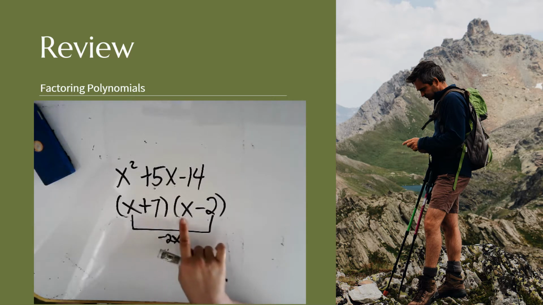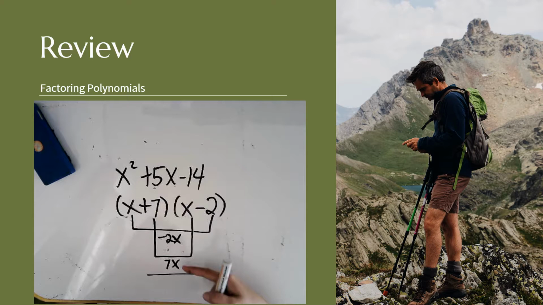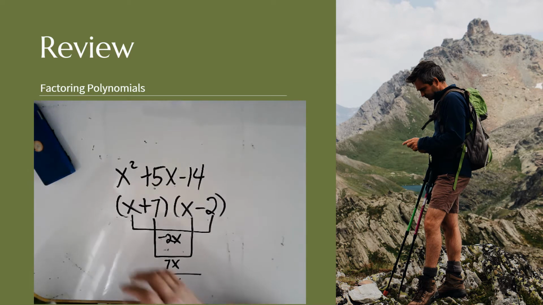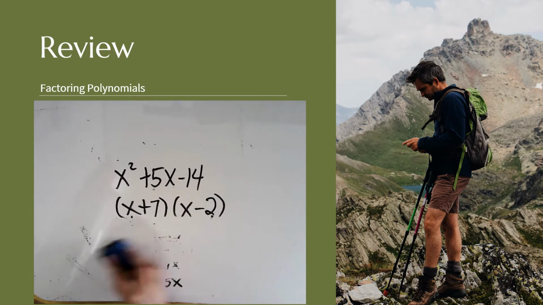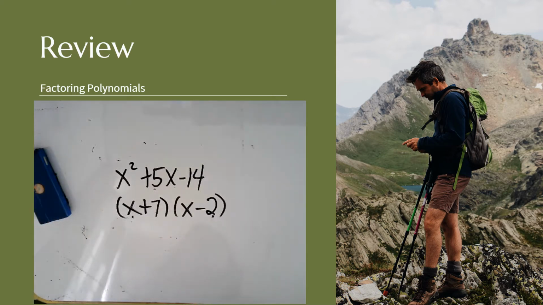And when we multiply the means, positive 7 times x is positive 7x. Combining these two, negative 2x plus positive 7x is equal to positive 5x, which is the middle term in the trinomial. Therefore, the factors are x plus 7 and x minus 2.